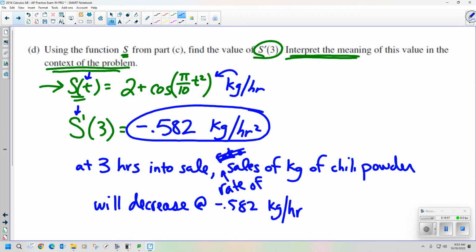And then if you want to do squared or, you know, but kilograms per hour. All right? There you go. This is changing at this rate. Okay, we're done.